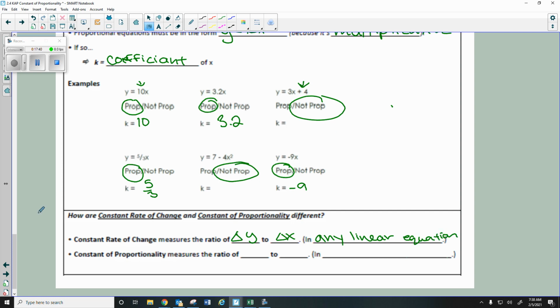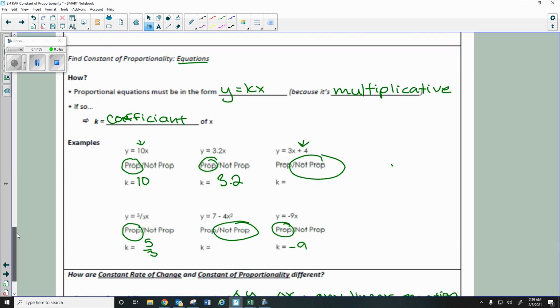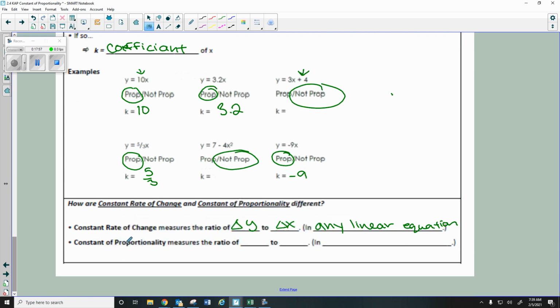So what I mean by that is, up here, we definitely could find the rate of change of things like this. And that's either an additive relationship or a two-step equation. But we said it didn't have a constant of proportionality because it wasn't multiplicative. Constant of proportionality measures the ratio not of change in y and change in x, it's just the value of y to x.